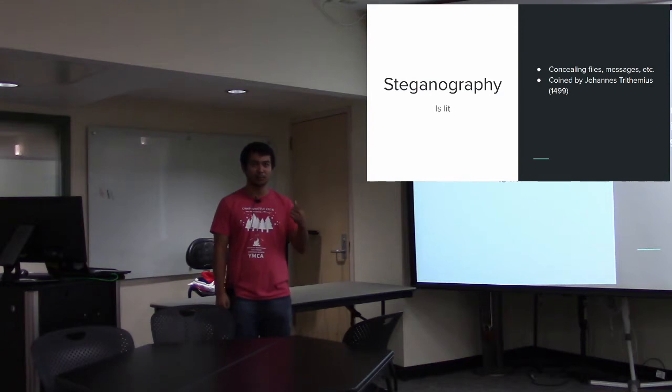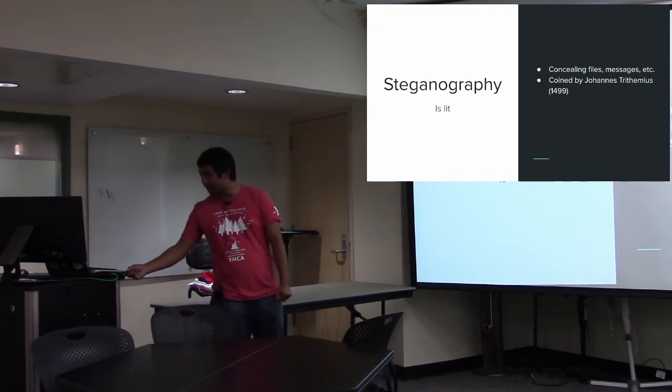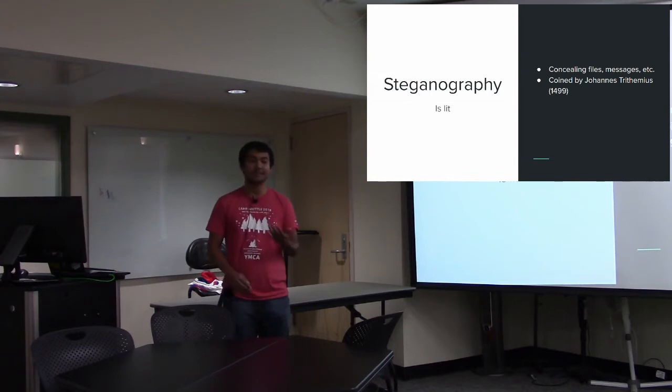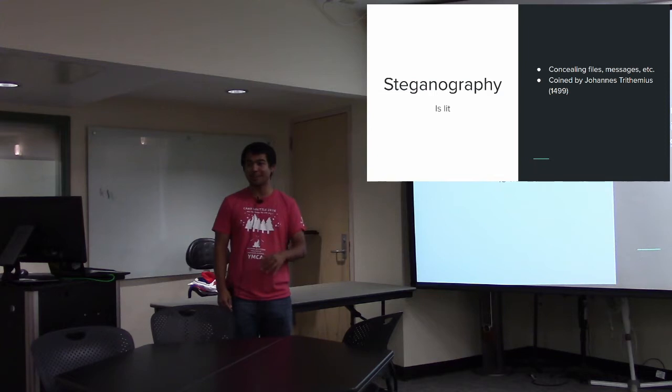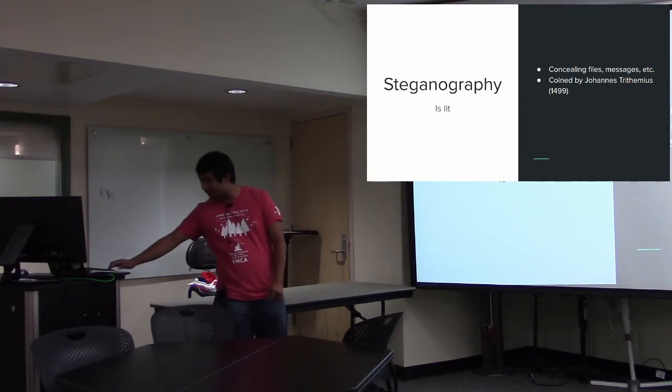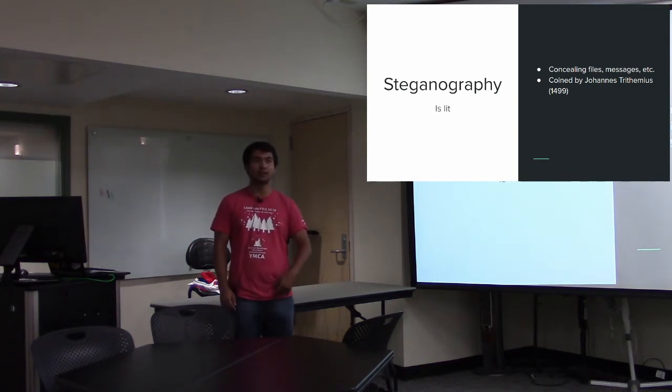As Sarah mentioned last week with her talk on steganography, it's a technique of hiding data secretly in a non-secret file or an image or whatever you want in order to avoid detection, and the secret data is then extracted at the destination. Steganography can be combined with encryption as an extra step to keep that information extra safe. The word steganography is derived from the Greek word steganos, which means hidden or covered, and graph, which means to write.